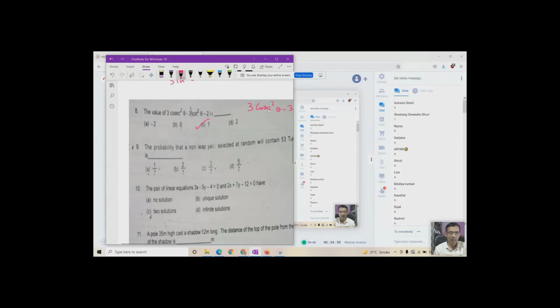Yes, question number 9. Still somehow Svetang is saying 7. Is 7 not clear yet, Svetang? Okay, let me go for question number 9.